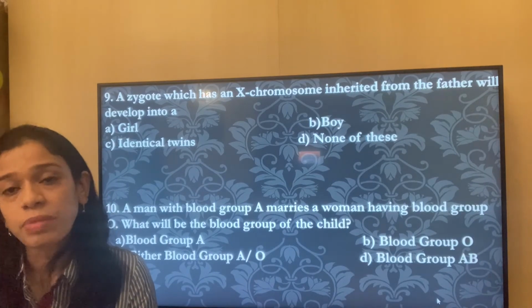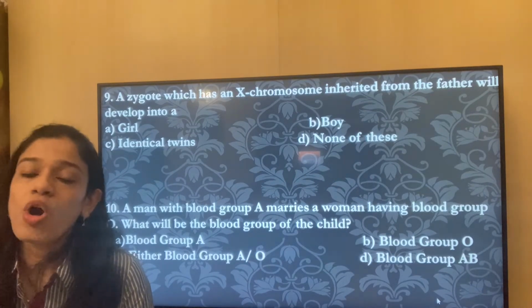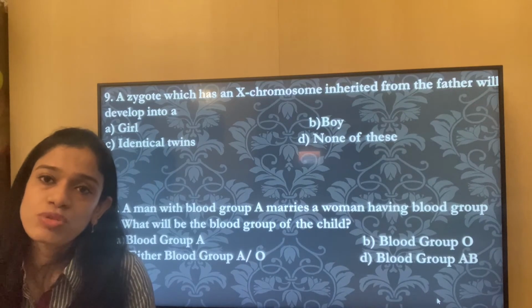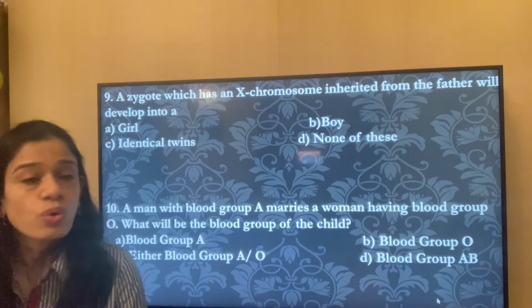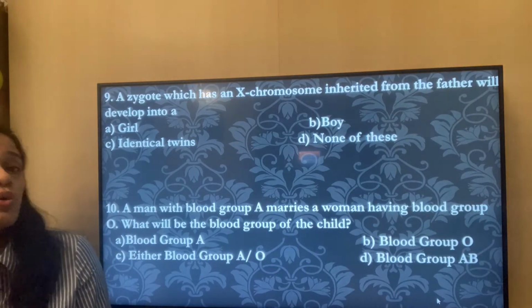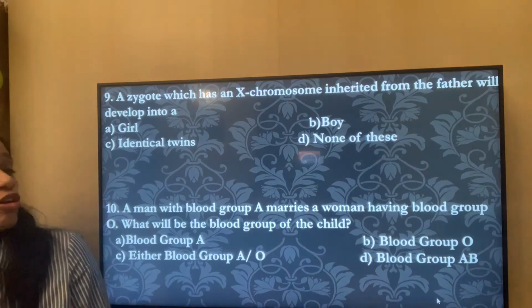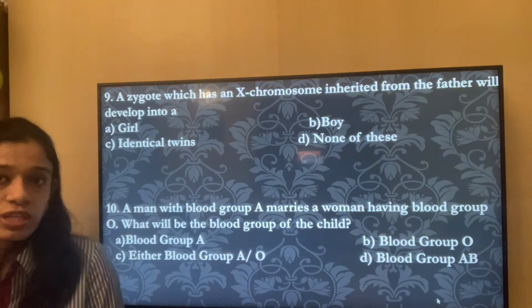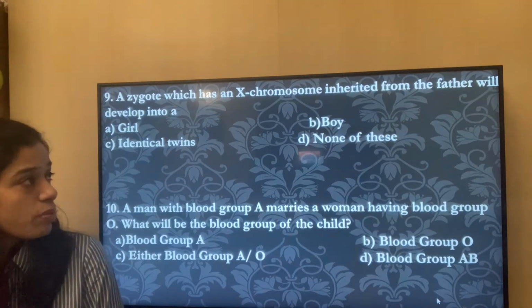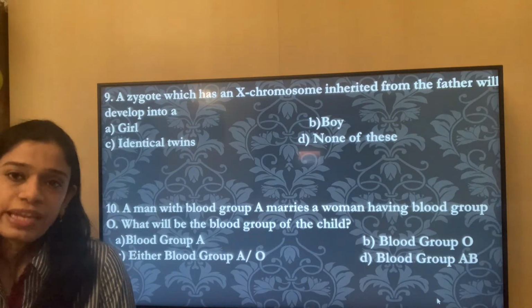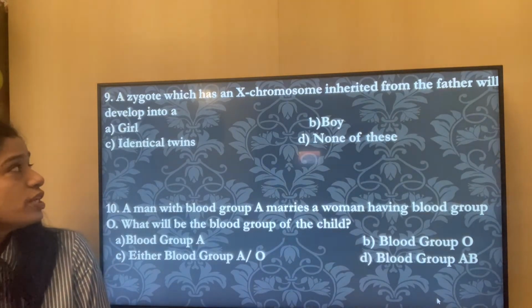Now if the father passes on an X chromosome, then automatically another X chromosome comes from the mother. So the zygote that develops will be that of a girl, because it is double X chromosome. If it was a boy, it should have been X and Y. So the answer is option A.